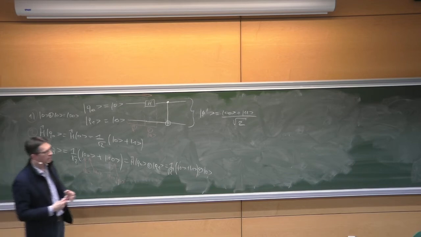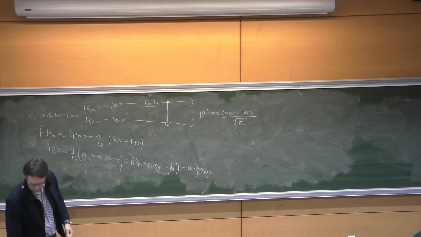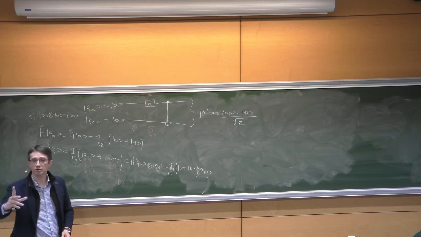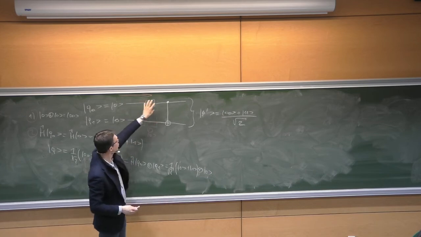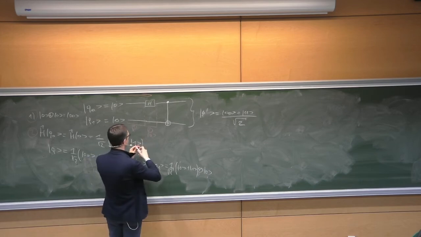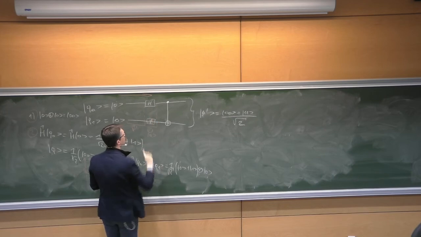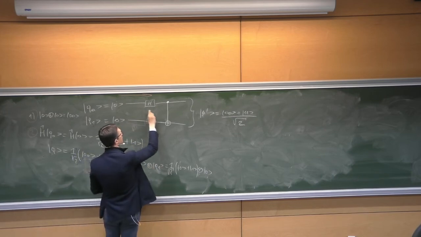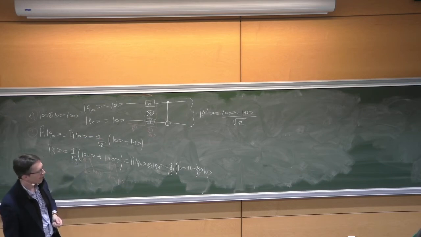So if I want to develop it, I can do it like this, or I can do it like this, where I tensor product the operations. What I do here is I take the tensor product of Hadamard and identity, because this is identity. So I do the tensor product of these two. We've seen how to do that. So I do H tensor product I. This is what it looks like.